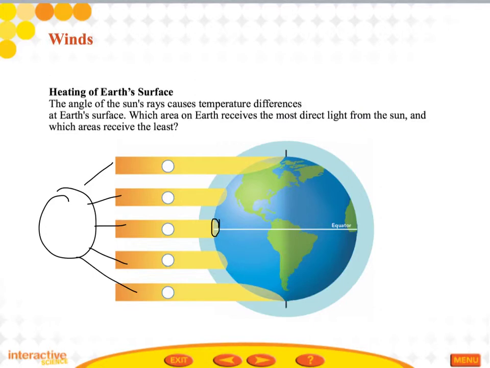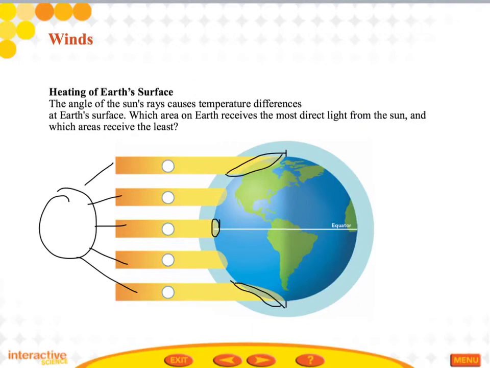Now that is what is occurring at our poles up here. You'll notice they've got big, long, oblong shapes where the sunlight is hitting them. So it's not direct, and therefore not as intense. Because of these sun rays hitting at different angles, the temperatures are going to change at the poles. It's much colder at the poles than it is at the equator.